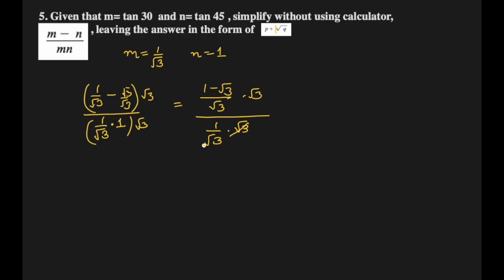This square root 3 cancels with this square root 3, and this one cancels with the other. So we are left with 1 minus square root 3 in the numerator and only 1 in the denominator. That we can write as 1 minus square root 3. That means p in this case is 1 and q should be 3, right? They said plus here, but yeah, this is how it will be.